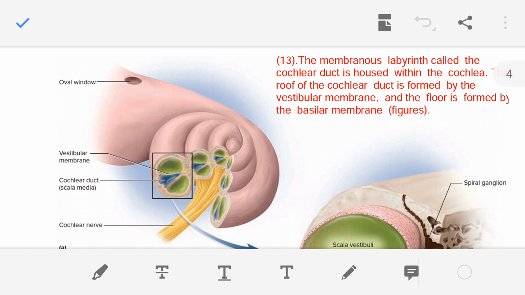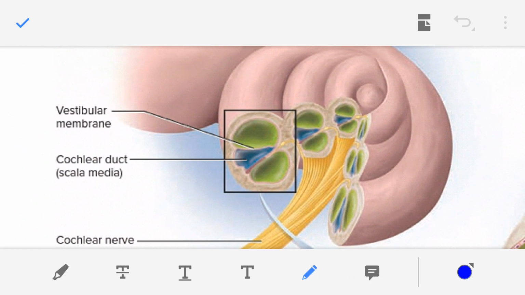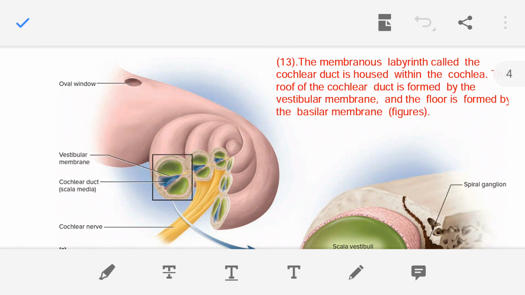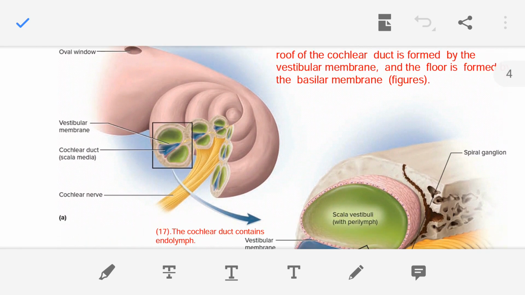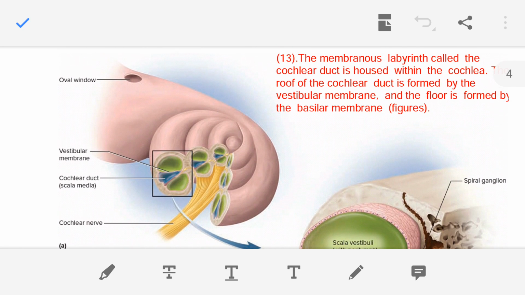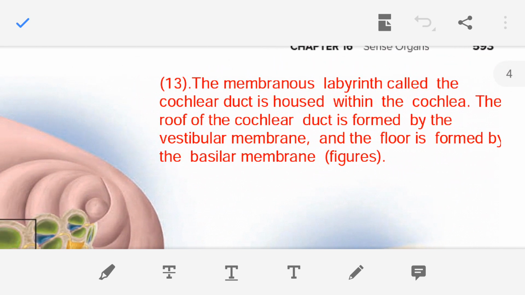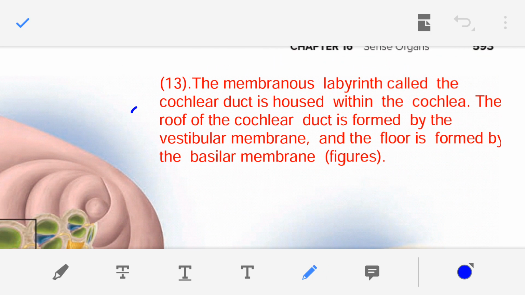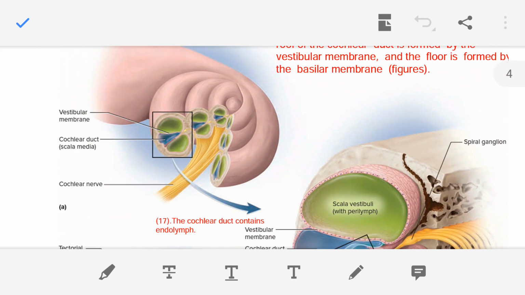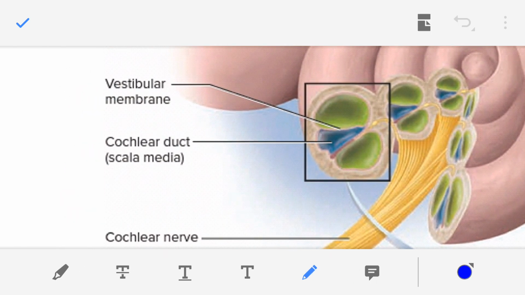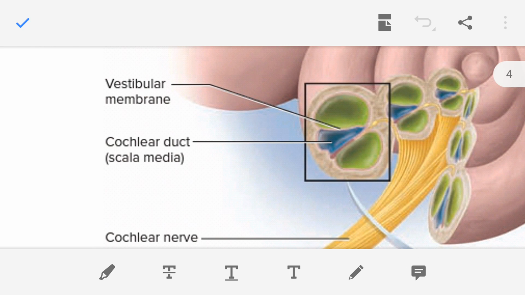So this portion is the membranous labyrinth, and this membranous labyrinth is known as the cochlear duct.